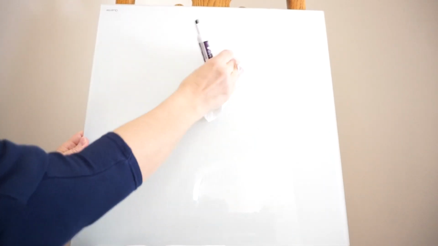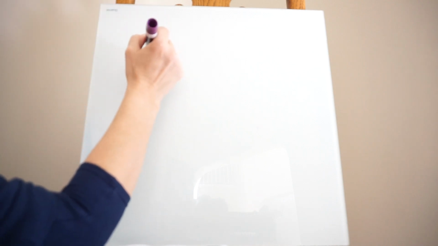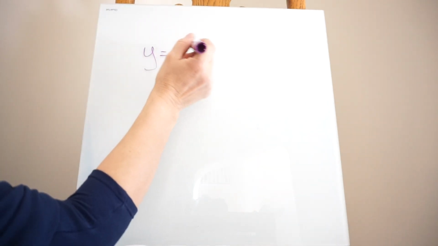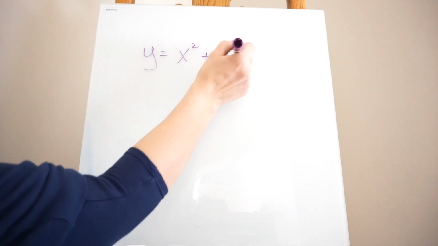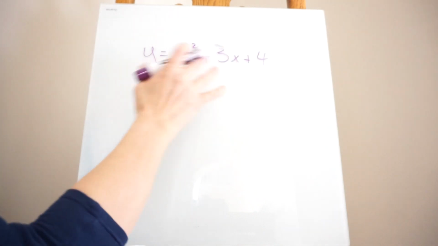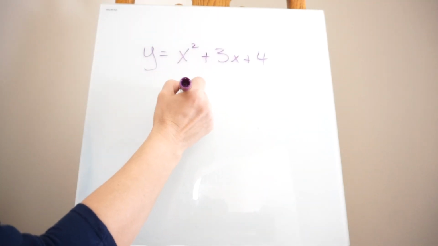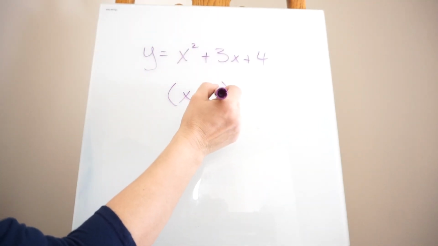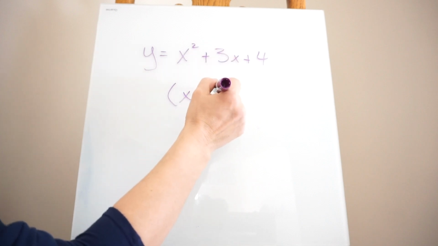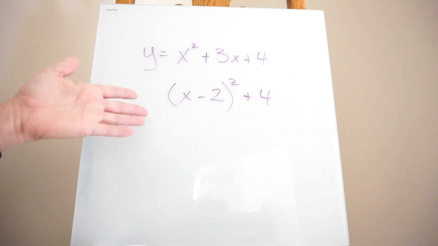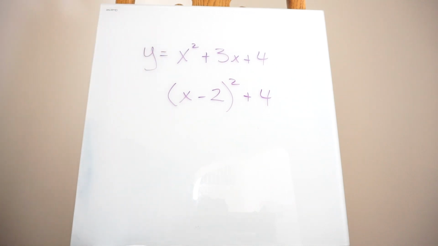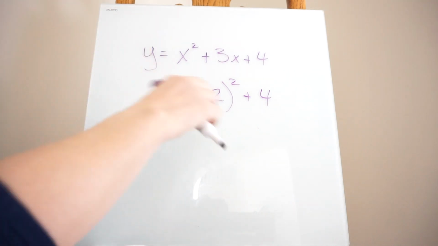For second degree polynomial functions, which are quadratic functions, we also have learned a shortcut to graph these. So if we had something like this here, we would complete the square so that it was x minus some number. This is a bad one because I put a 3 there, but let's just pretend that this is what it would come out to be if we completed the square with this.